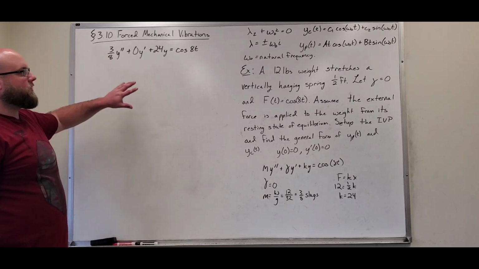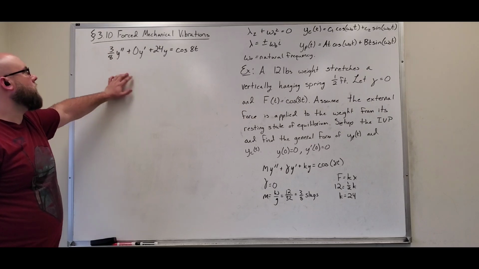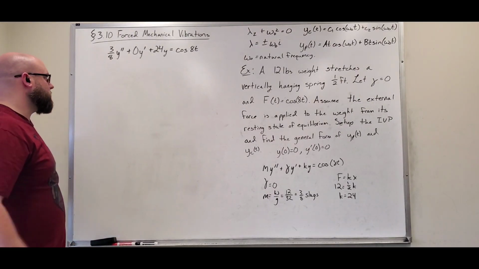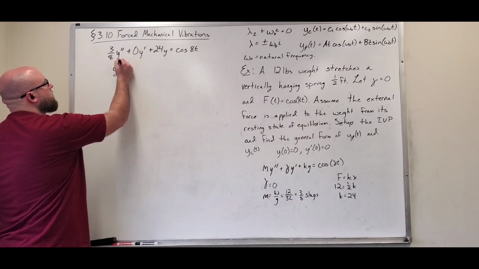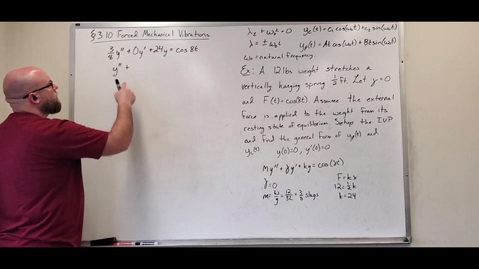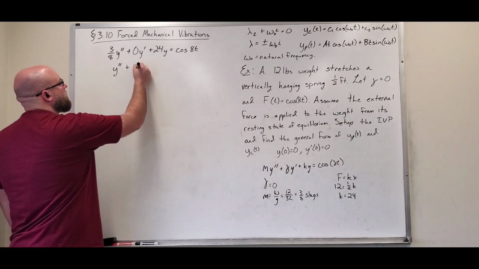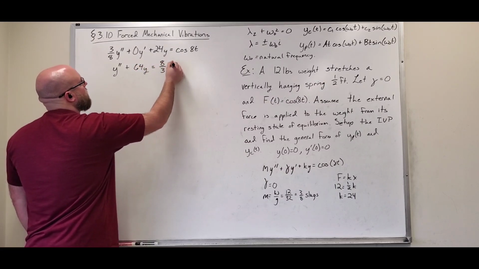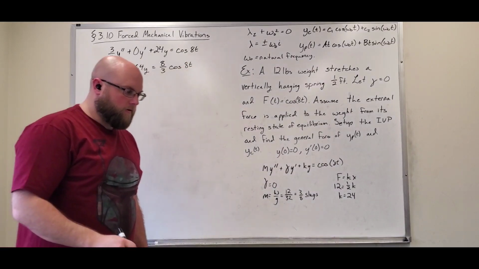So let's simplify this. In order to start solving for either y_c or the particular equation, we need to get y'' by itself. So let's multiply all the way through by 8/3. So that means I can go ahead and drop this. So y'' plus, well, 8/3 times 24, that's going to give us 64y, which is equal to 8/3 cosine of 8t.